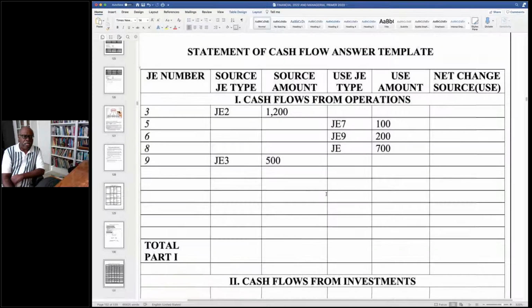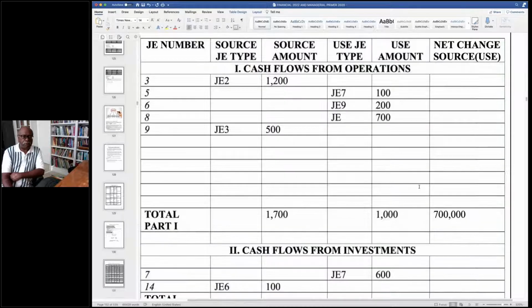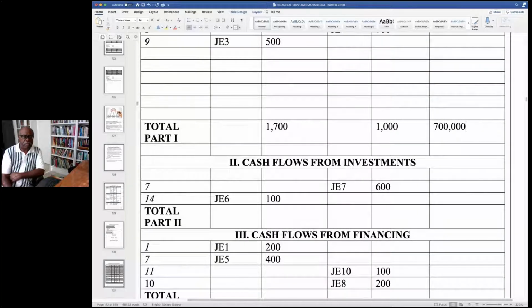So now let's look at what our statement of cash flow looks like. We're going to add up our sources in part 1, 1,700. We're going to add up our uses, which is what? 1,000. And so tacking on a few zeros, we got 700,000 from operations. From investments, sources 100, uses 600.